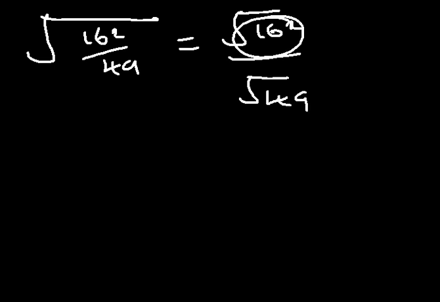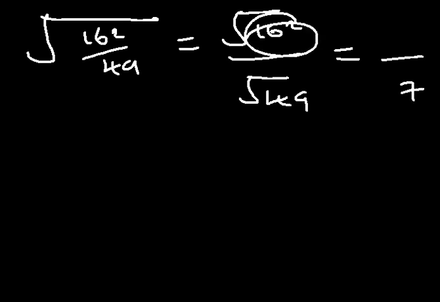Now, do we have the direct value for the square root of 162? 162 is not a perfect square, but we have the square root of 49, which is 7. So we have over 7 here.